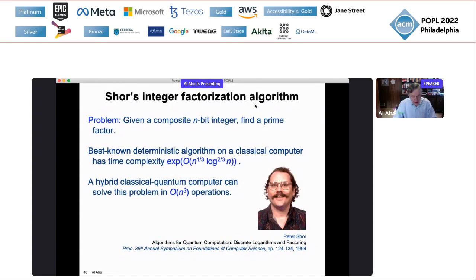In 1994, quantum computing received an enormous boost when Peter Shor at Bell Labs published an algorithm combining a classical computer and a quantum computer to factor integers with order n-cubed operations. Many of today's encryption schemes, like RSA on the internet, assume factoring large integers is computationally prohibitive.